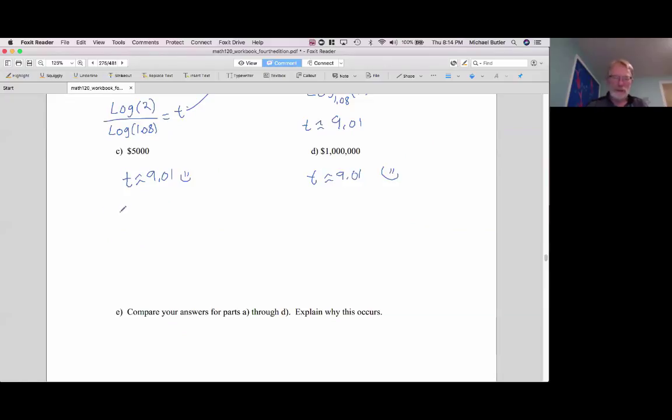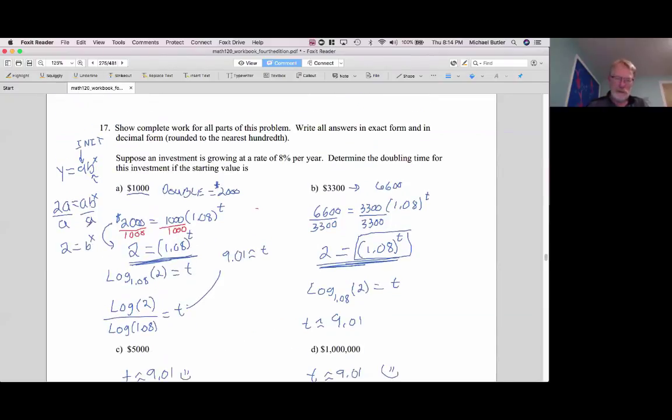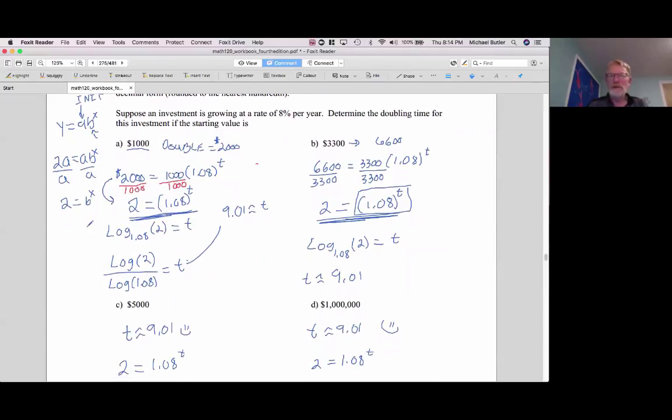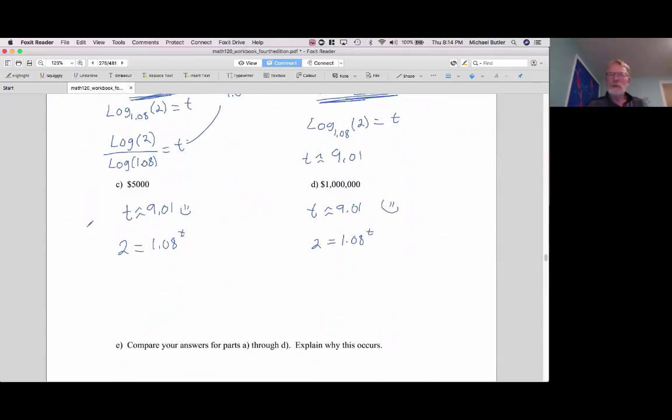You got to show them that those equations are going to be the same in every one of them. Because I think they did say you have to show all your work, right? Yeah, show complete work for all parts of this problem. Because they want to be mean to us.